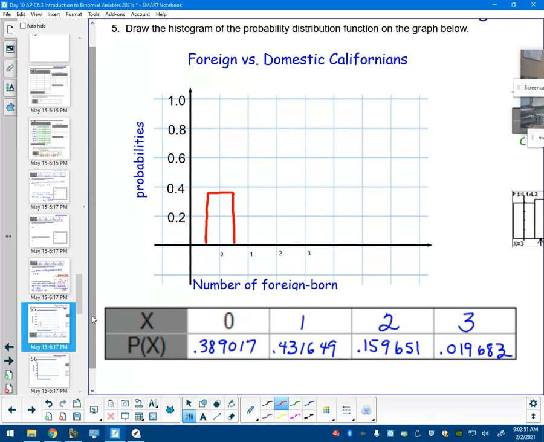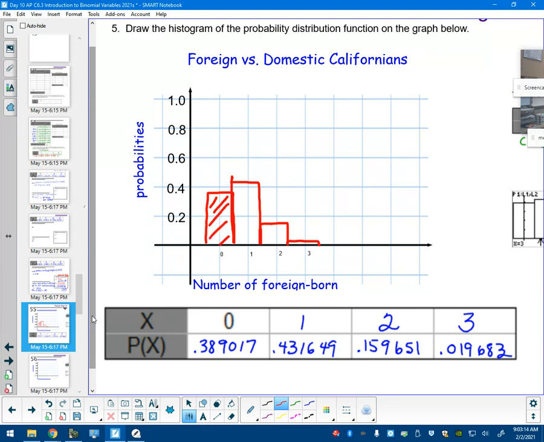1 goes up to 0.4316. Not quite that high. 2 goes up to 0.15, so that's going to be at about right there. And 3 goes up to 1%, so it's like right there.